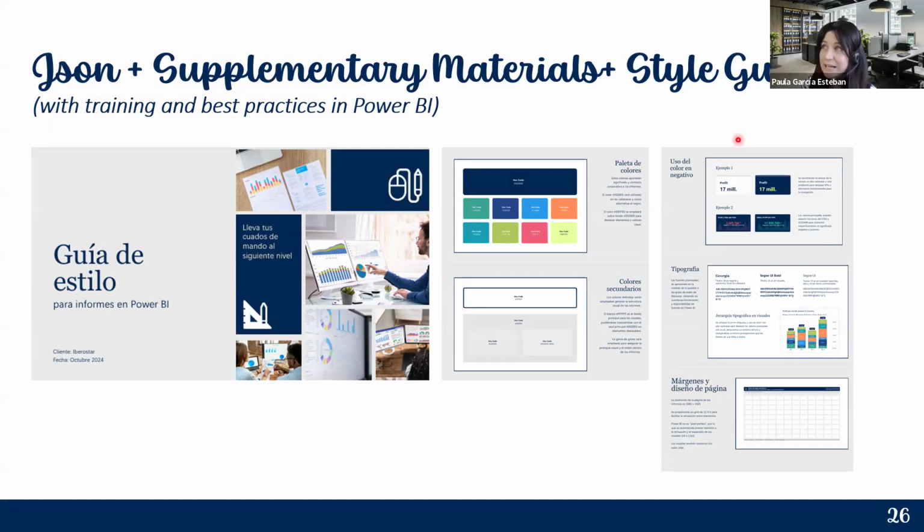And then a style guide that helps to validate if I'm using the correct size of the letters, of the numbers, of the titles, how I use color, how I do not use color, which colors are allowed, in case I have a specific color for highlighting the good things and the bad things, usually red and green.